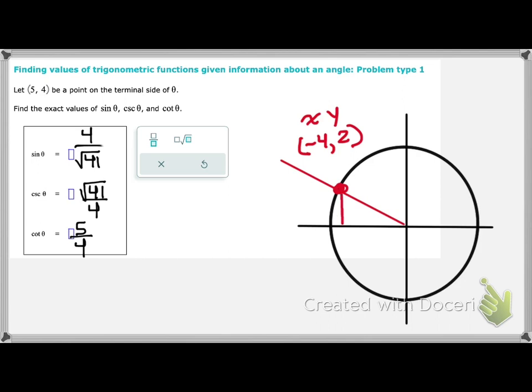So I've got the x, I've got the y, and where's the r coming from? We just build our little right triangle here. I'm not going to talk about that side as negative 4, because I don't think about the lengths of the sides of a triangle having a negative value. So I'm just going to write a 4 down there. That side is 4, this side is 2, and then we can find r using the Pythagorean theorem.